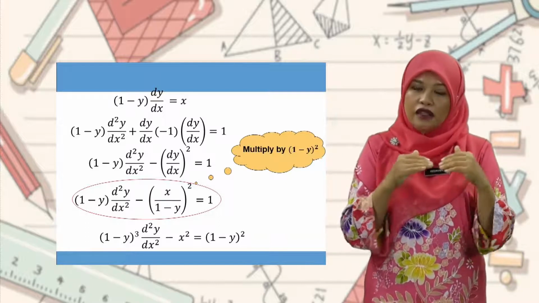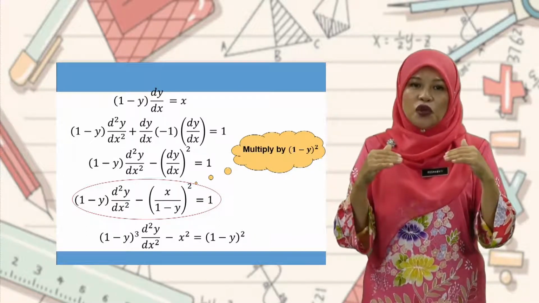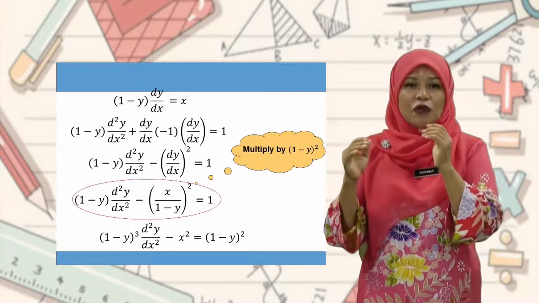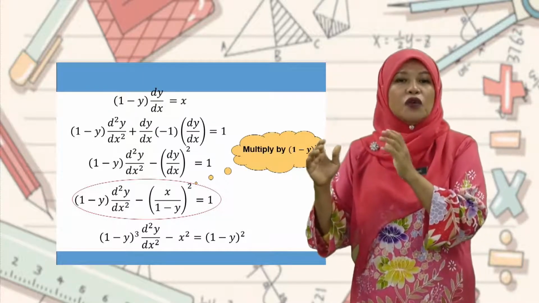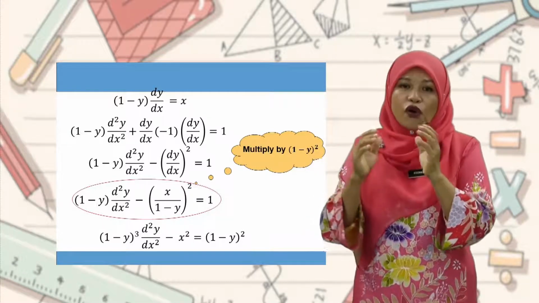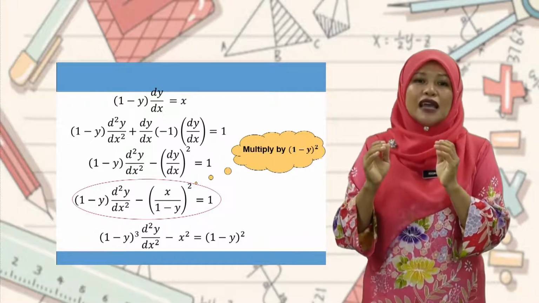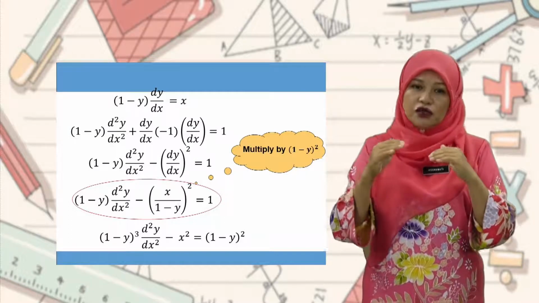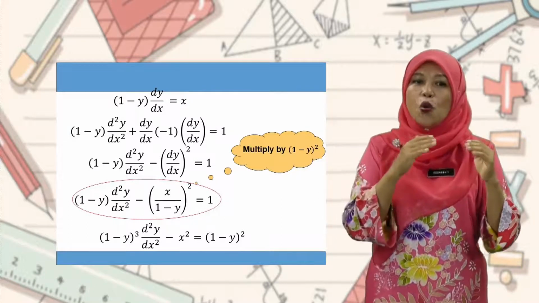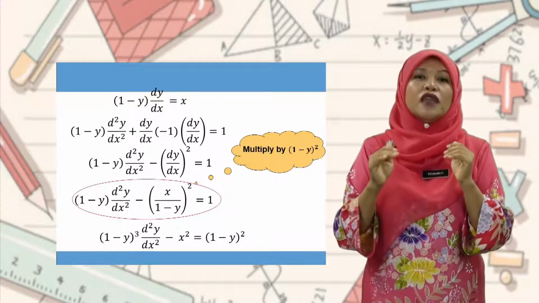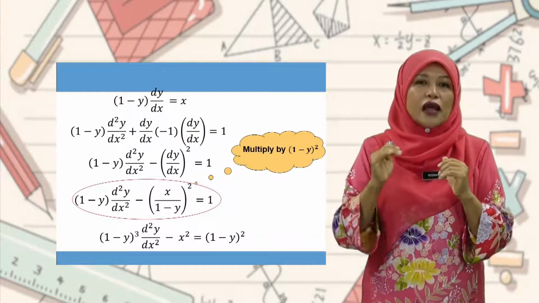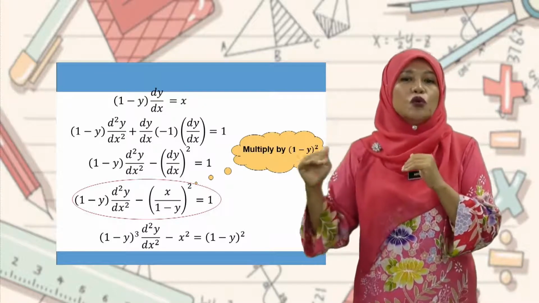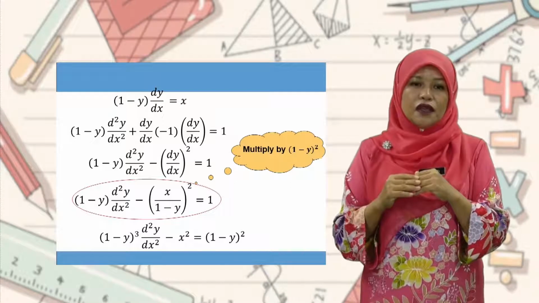So in this line, we can see that we have dy/dx multiplied with negative 1 multiplied with dy/dx. So for this part, it becomes negative (dy/dx) squared. So the next line, we will have (1 minus y) d2y/dx squared minus (dy/dx) squared equal to 1. Okay.